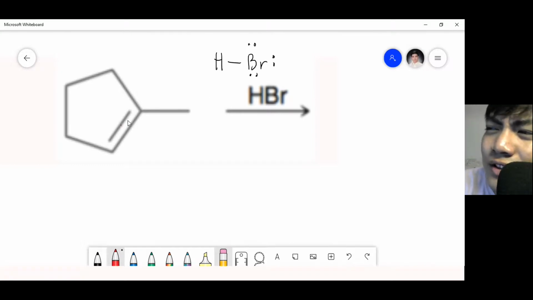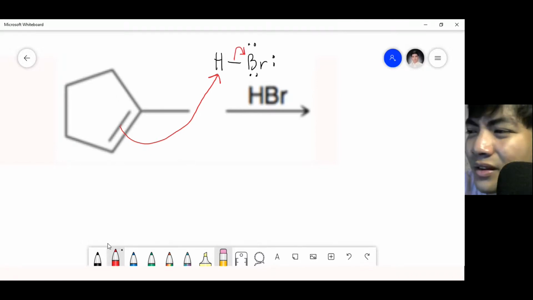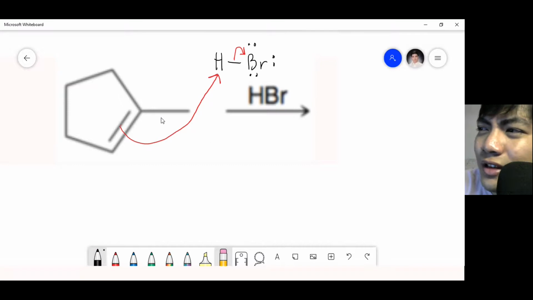Okay, so the first step is always that the double bond will get the hydrogen. And then, itong electron na to, ibabalik niya kay halogen. So, the product for the first step will be, step 1 pa lang to ha, step 1.